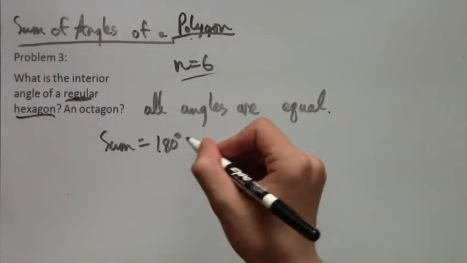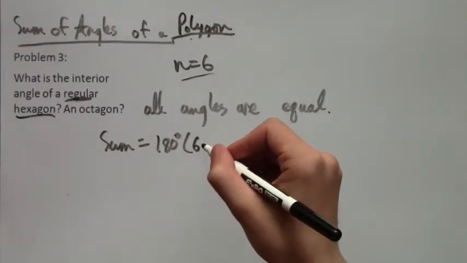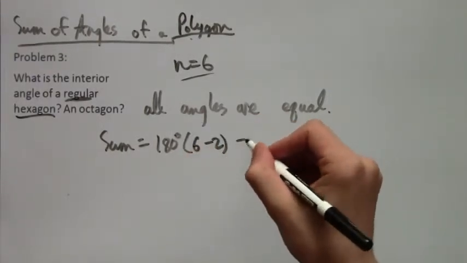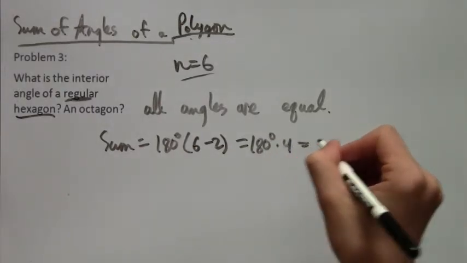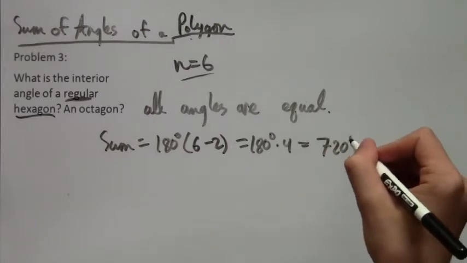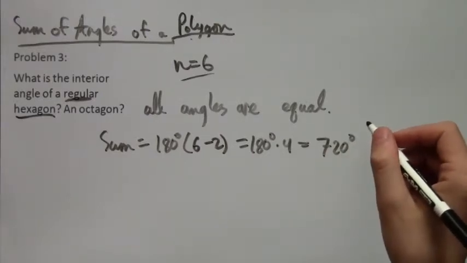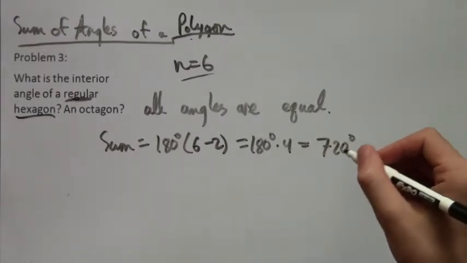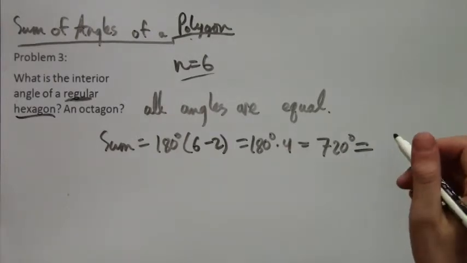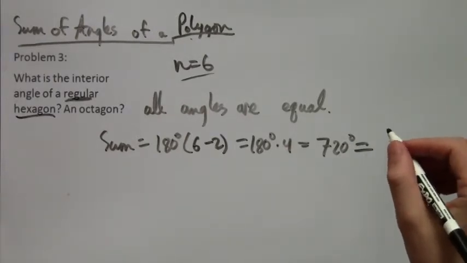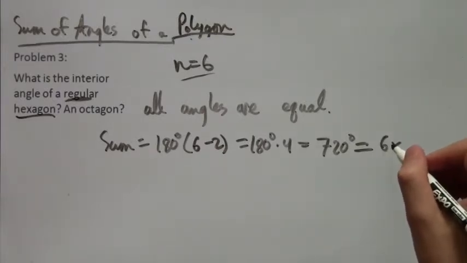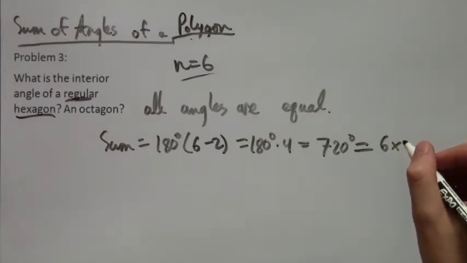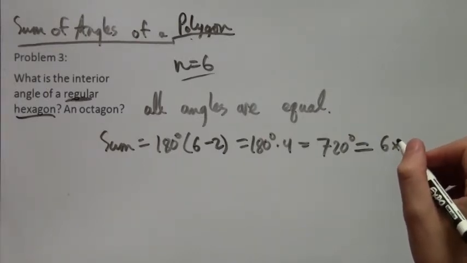First of all, the sum is 180 degrees times (6 minus 2), according to the formula. That's 180 degrees times 4, which is equal to 720, because 6 minus 2 is equal to 4. So that's the sum of the angles. But each angle is equal, and there's 6 of them. So if we label the angle x, then we have 6x as the sum of all the angles.